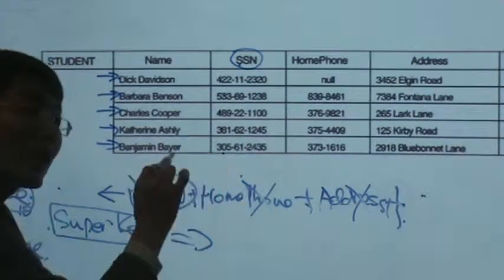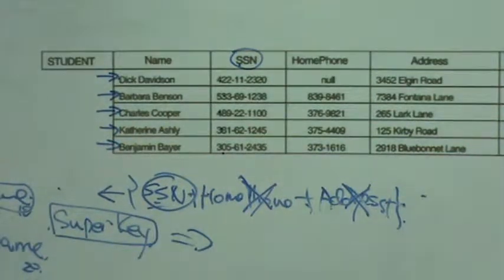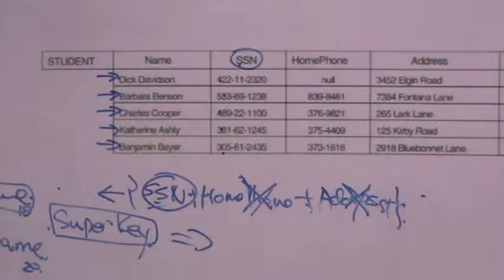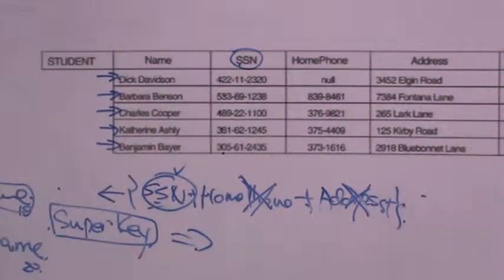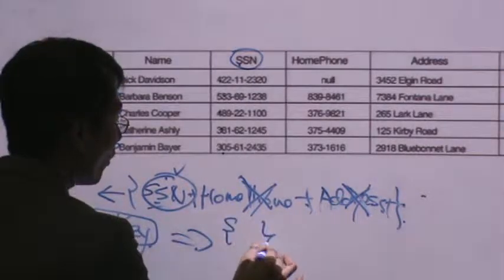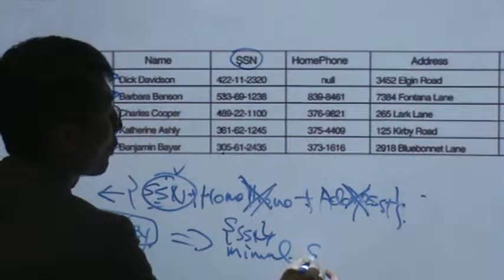Minimal means if we take out an attribute, it affects our ability to identify the specific student. If we take out the social security number, we cannot identify, right? This social security number is called a minimal super key.